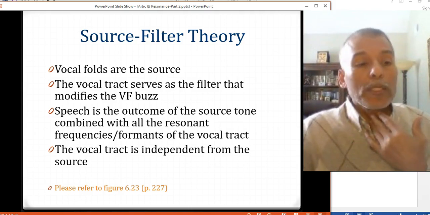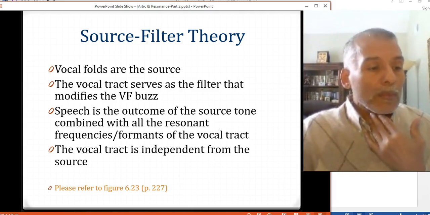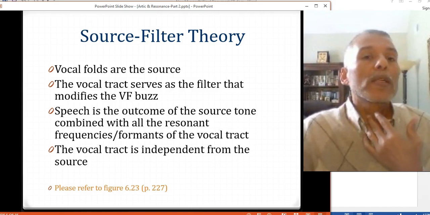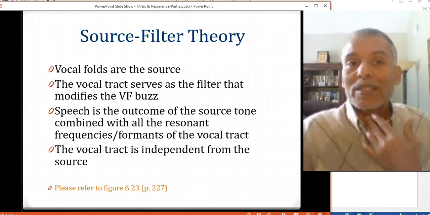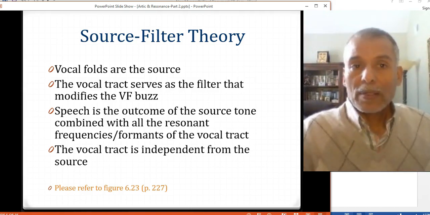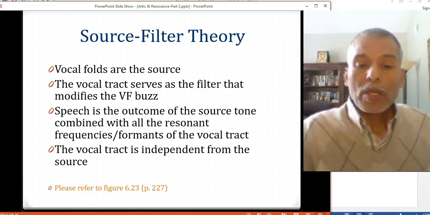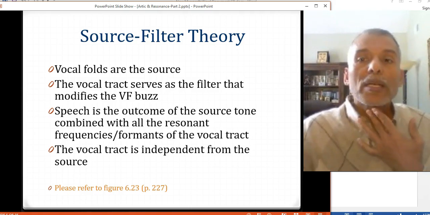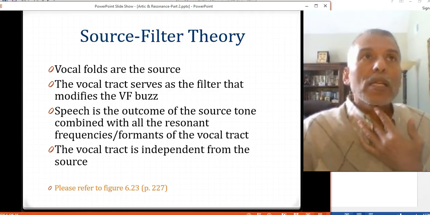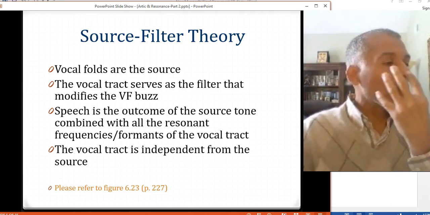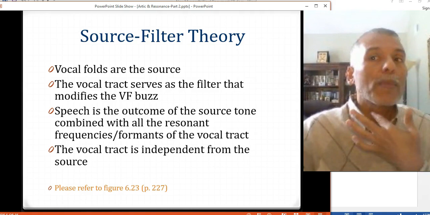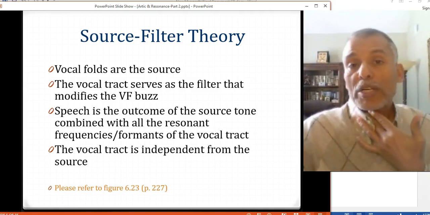Now, how do we prove that the source functions independent of the vocal tract? In that case, you make a sound and then you change your pitch. So I'm saying ooh, holding the vocal tract steady, no change, but I'm going to change the vibration characteristics of the source.